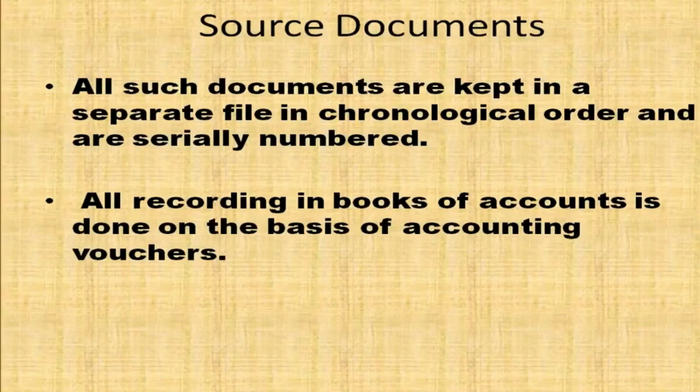All documents are kept in a separate file in chronological order and serially numbered. All recording in the books of accounts is done on the basis of accounting vouchers, that is, source documents.